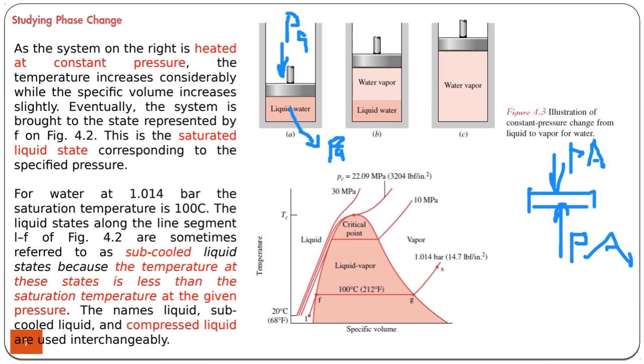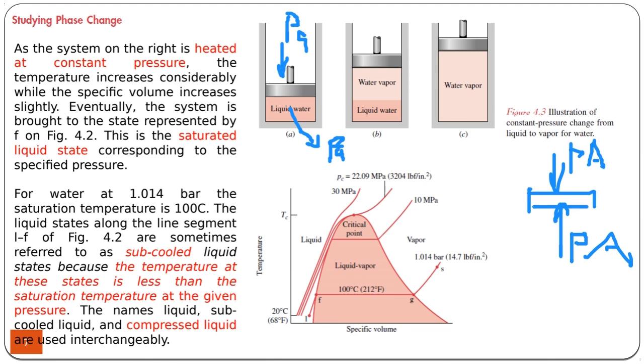Because of the heat interaction between the cylinder and the heat source, the temperature of the water will increase. So when the temperature comes to 100 Celsius, because in 1 atmosphere pressure, the saturation temperature or the phase change temperature for water is 100 Celsius, it starts to change its phase.